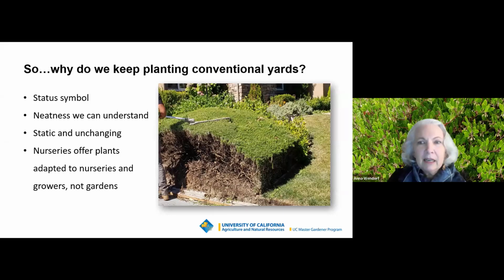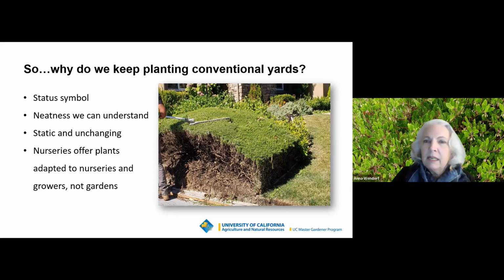But let's take a step back and look at why we have the kinds of gardens that we do have, which is very traditional: lawn, some shrubs up against the house, and we maintain it by shearing it really tightly to keep it under control. This particular paradigm has been a status symbol for about 150 years.